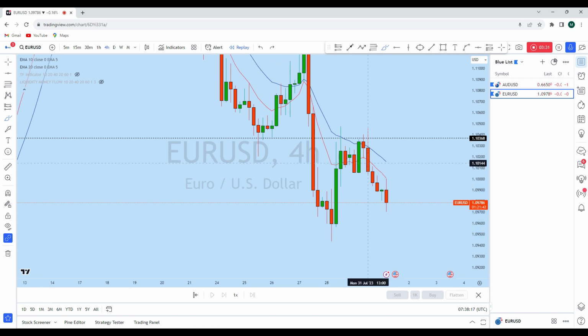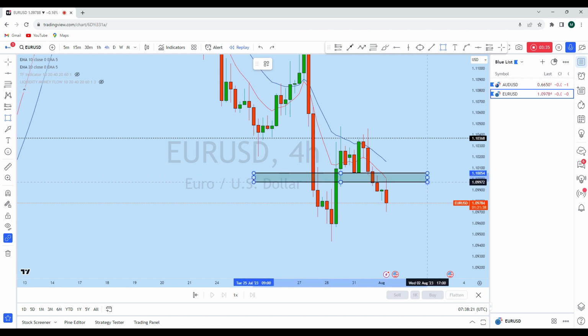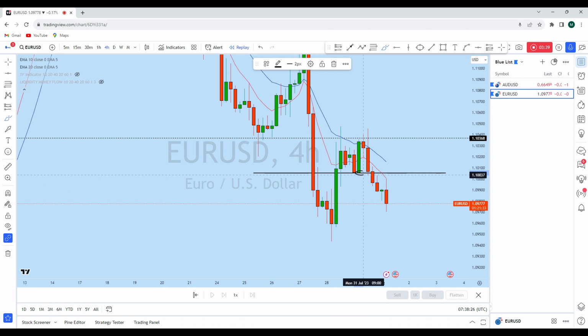So the price is gathering liquidity, and we also see a long green candle in that zone, which is a manipulation candle to the upside. This is a support level turning resistance, and from that level EUR/USD is rejecting.